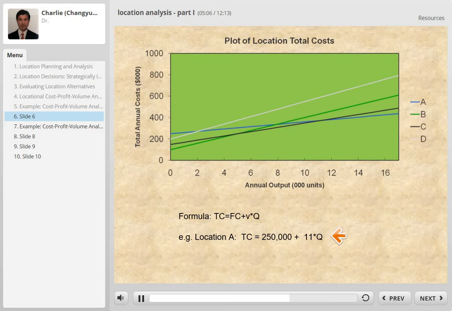If we plot it on the figure here, it's the blue line. It starts from 250,000, and the slope is 11 for A. We can do the same thing for B, and draw lines for C and D. So location A is blue, B is green, C is black, and D is gray.